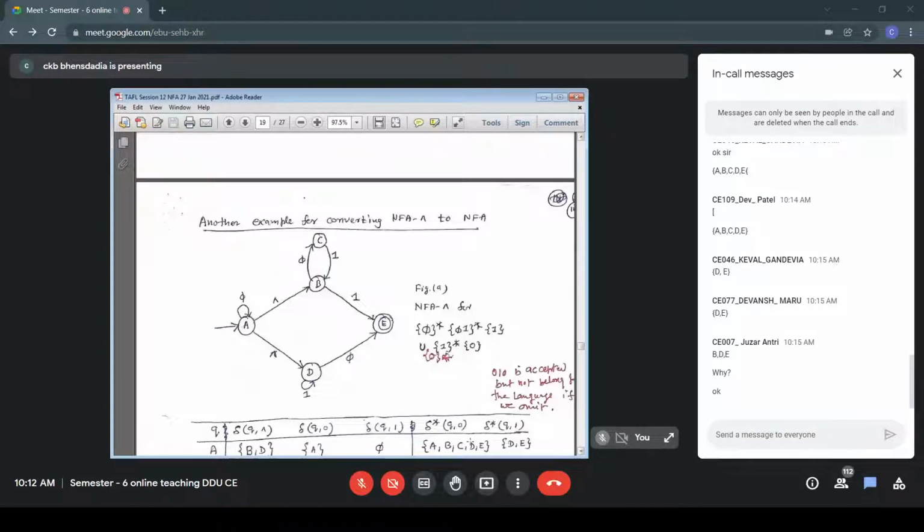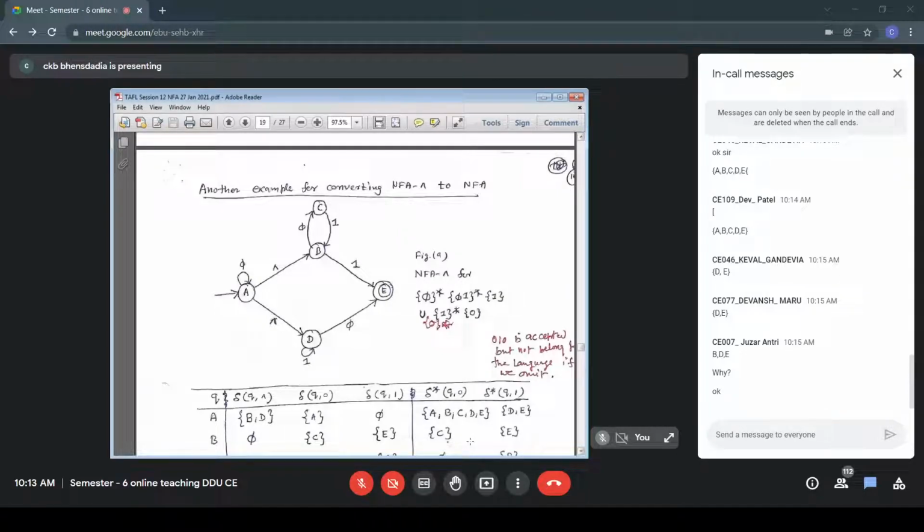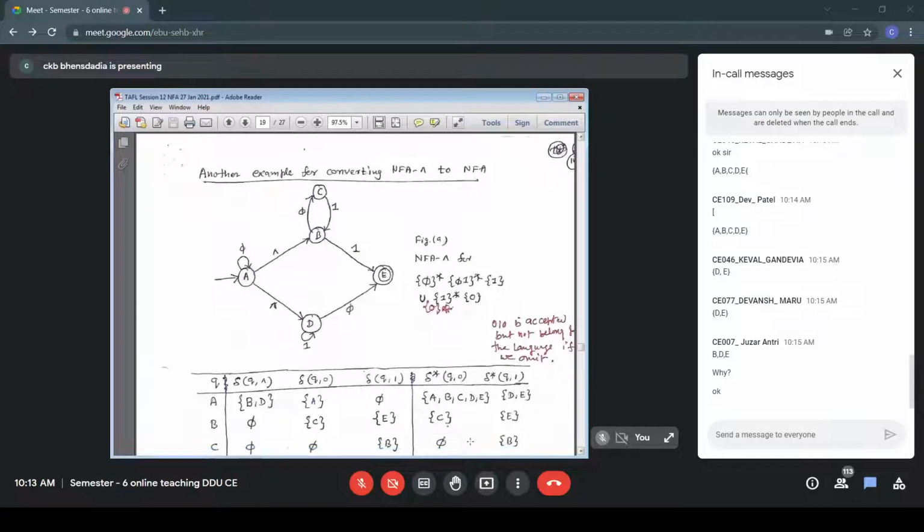Next compute delta star B0 and B1. I think that is a straightforward one. B0 answer is C and B1 answer is E. There is no complex calculation because we don't have null transitions. Similarly, C, again no complexity involved.